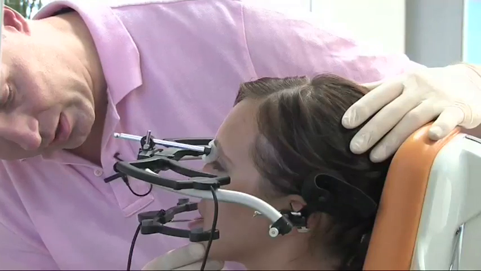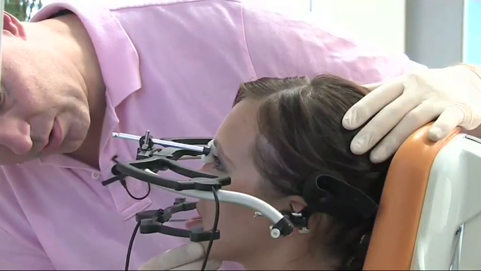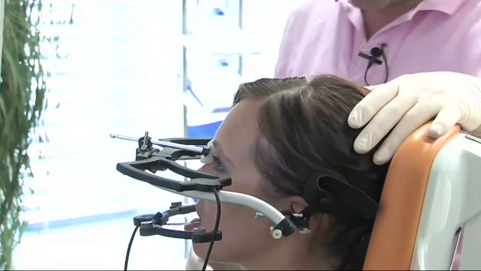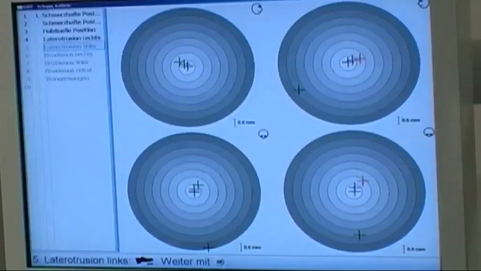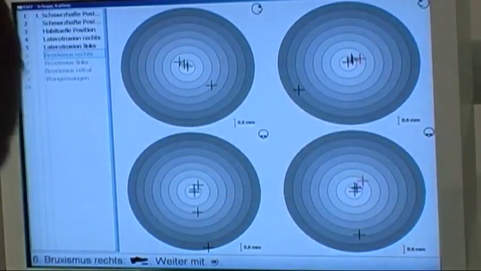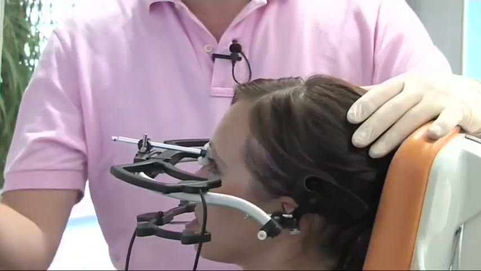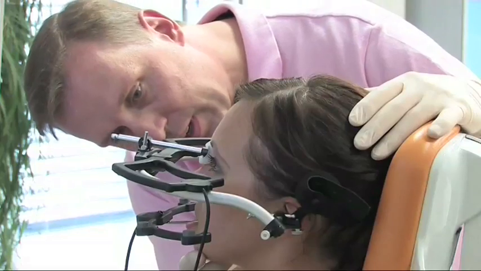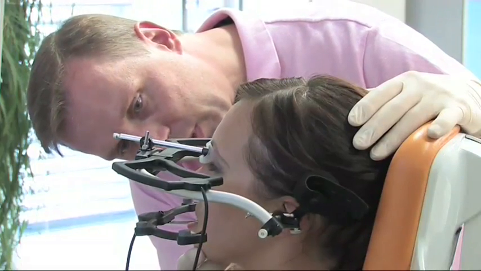Then please move your lower jaw over to the left. Good. Hold it there, do nothing. Good. Then, next, move the lower jaw again to the right, please.